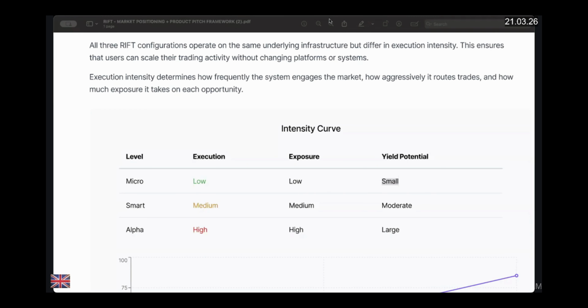So these strategies with the auto trading engine also follow the pattern in which the whole intelligence layer works. Then comes the smart flow strategy, where execution is at a medium level, exposure to the market is also medium, and yield potential is moderate.